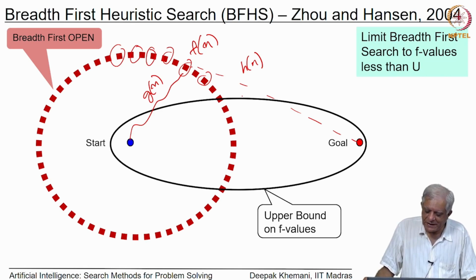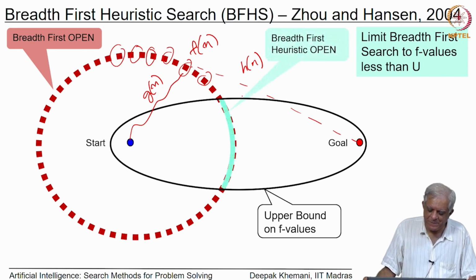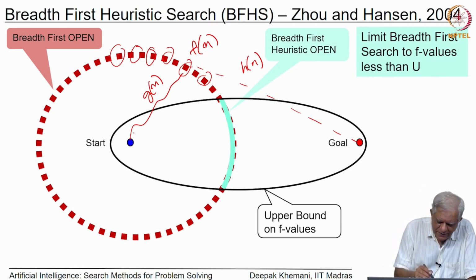So, what breadth first heuristic search does is that it searches in a breadth first fashion, but it stays within the boundaries given to us by the upper bound, which is given to us by some path that we have found. So, what is going to be the behavior of breadth first search? It will first circle around the start, then it will circle around one level deeper, then one level deeper, then one level deeper.